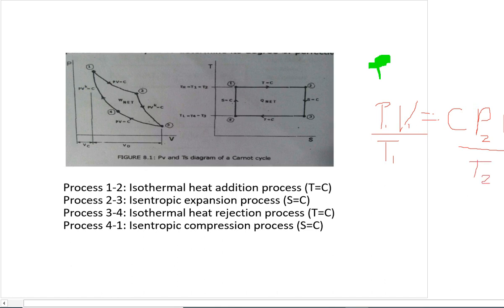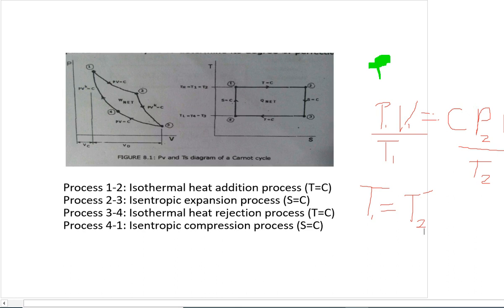So, P1 V1 over T1 is equivalent to P2 V2 over T2. Since temperature is constant sa ating process 1 to 2, T1 is equivalent to T2. So, makakancel po siya. Cancel yung temperature natin. That's why in the 1 to 2 process, PV is equivalent to C.